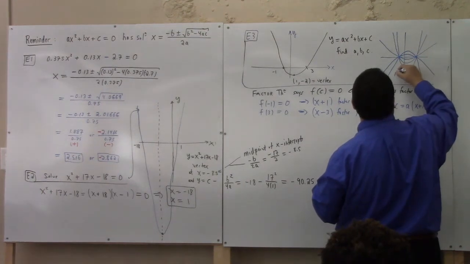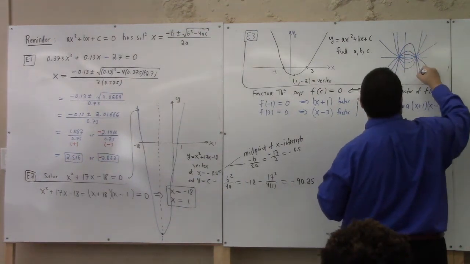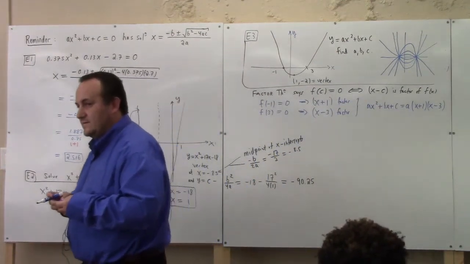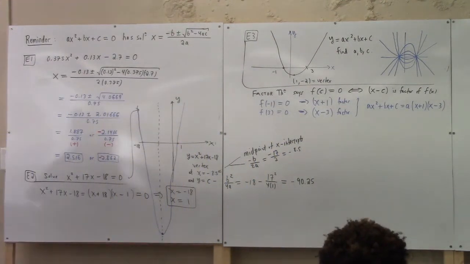There's an infinite family of them, actually. All of these share minus 1 and 3 as x-intercepts, right? So x-intercepts alone are not enough to pin down the parabola. You have to know something else. We know a vertex, though, so you guys tell me what to do with it.